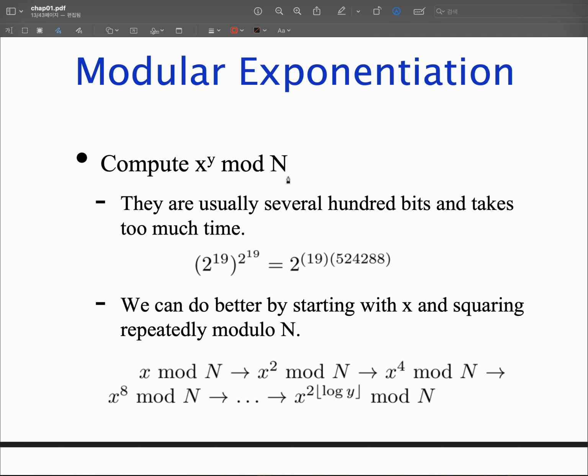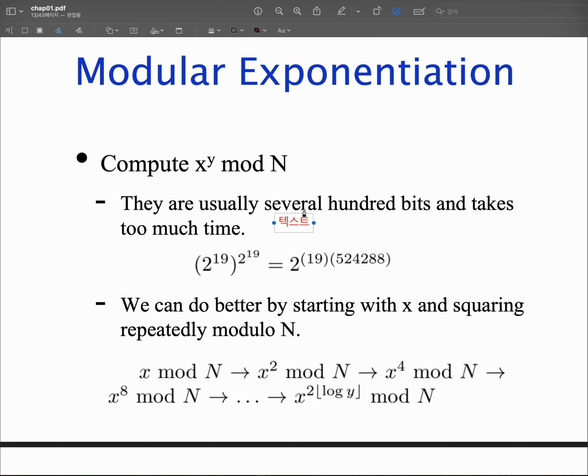A very simple way is just using several multiplications, y times of multiplication, and once you have the final result, then you can divide by n, then you can find the solution for this. Okay, but the problem is this takes a very long time, and sometimes it will cause some kind of overflow because x times y will be a very big number.